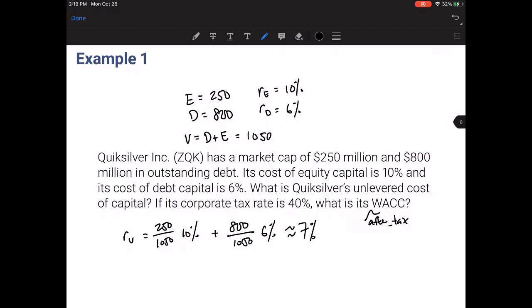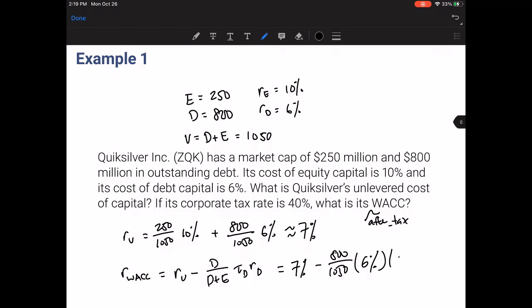In order to get the after-tax WACC, we subtract the debt tax shelter as discussed above. That equation looks like the following. So I'm just going to write R_WACC to indicate that it's after-tax WACC, which is equal to R_U minus the debt ratio, so let me write that here again, times tau times R_D, and that's just equal to 7% minus 800 divided by 1050 multiplied by 6% multiplied by 40%, and that's going to give us 5.3%.